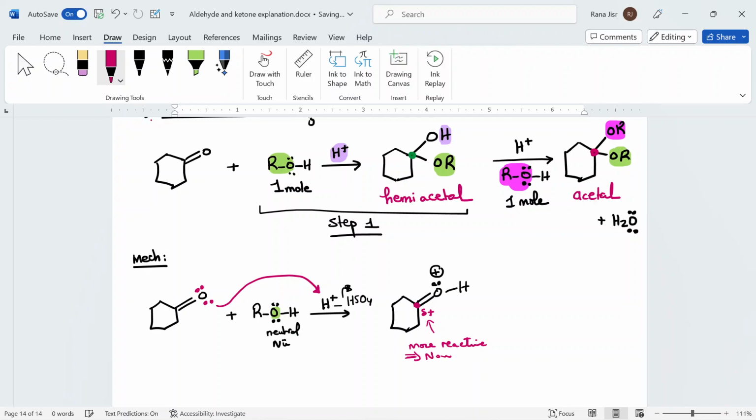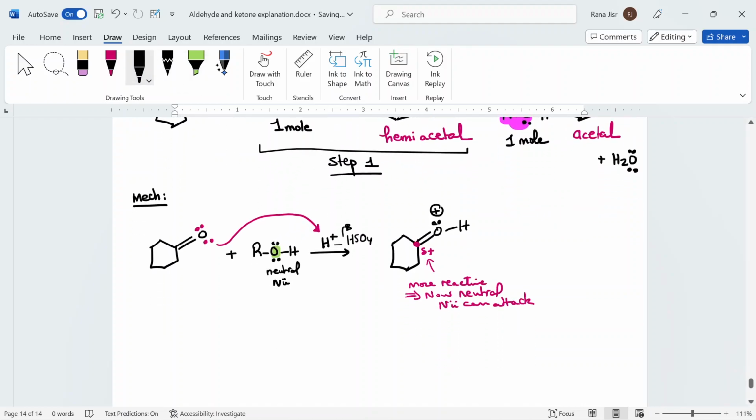So in the second step of the reaction, the neutral nucleophile is going to attack. This is going to be the first mole of the alcohol.